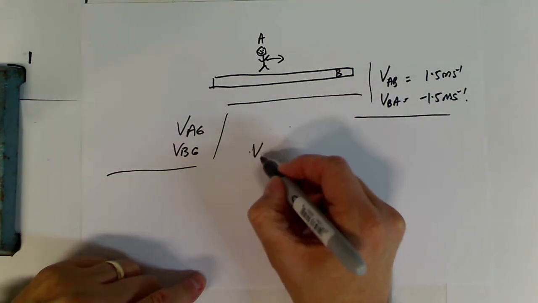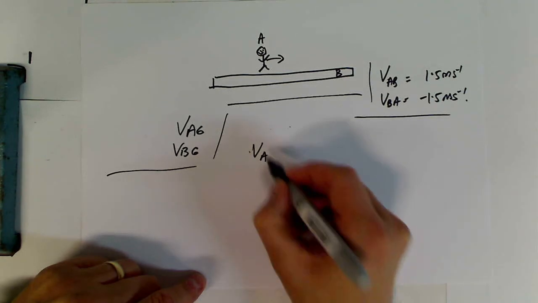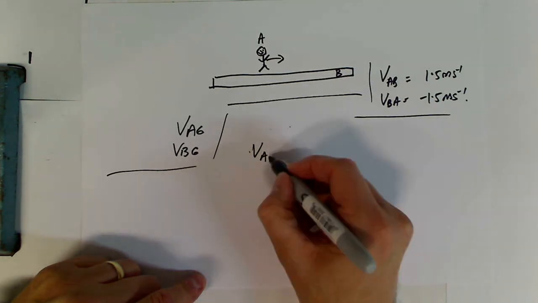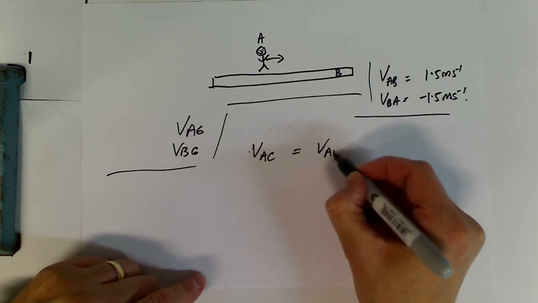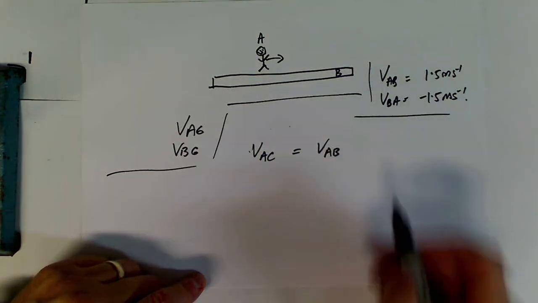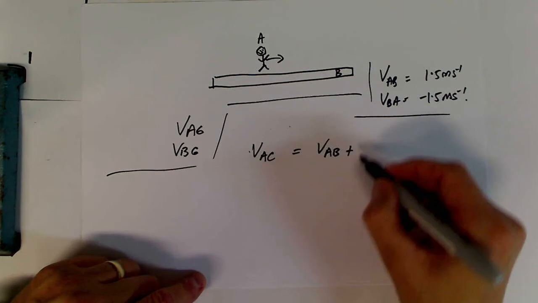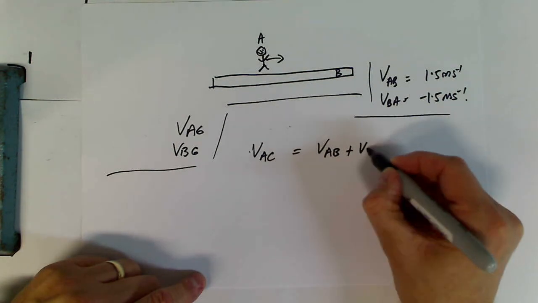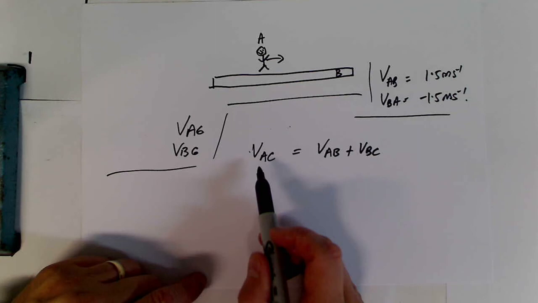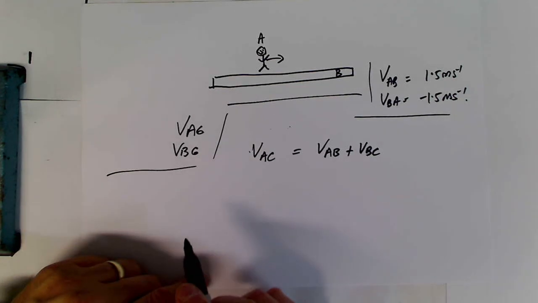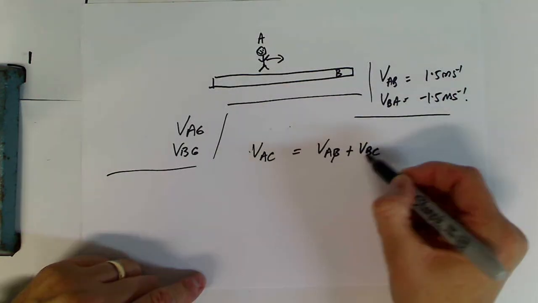If you want the velocity of A relative to C, and you've got VA relative to B, and you can find the velocity of B relative to C, then if you add VA relative to B plus VB relative to C, you will have the velocity of A relative to C. It's as if the B's in the middle cancel out.